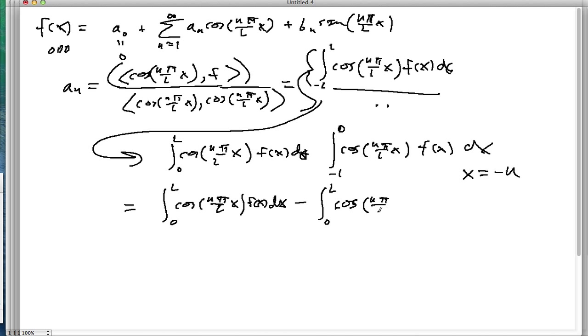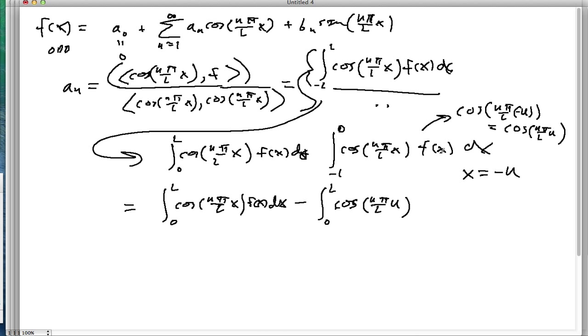n pi over L u, because remember, cosine is an even function, right? So that means that if I put cosine of n pi over L times the negative u in there, it's going to equal cosine of n pi over L u, because even functions absorb negative signs in their inputs.